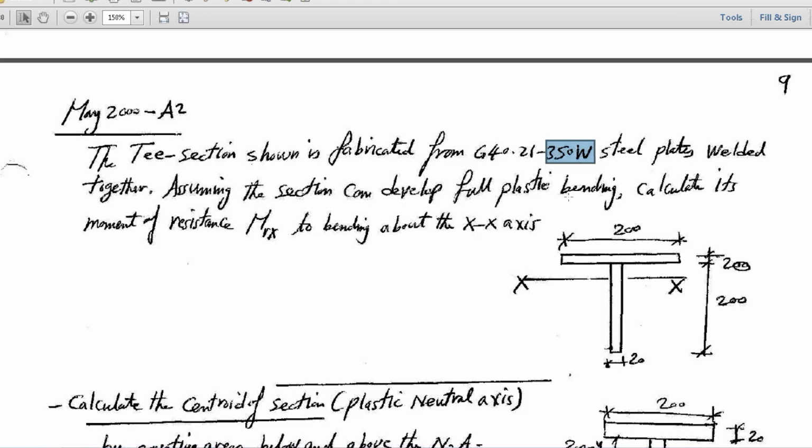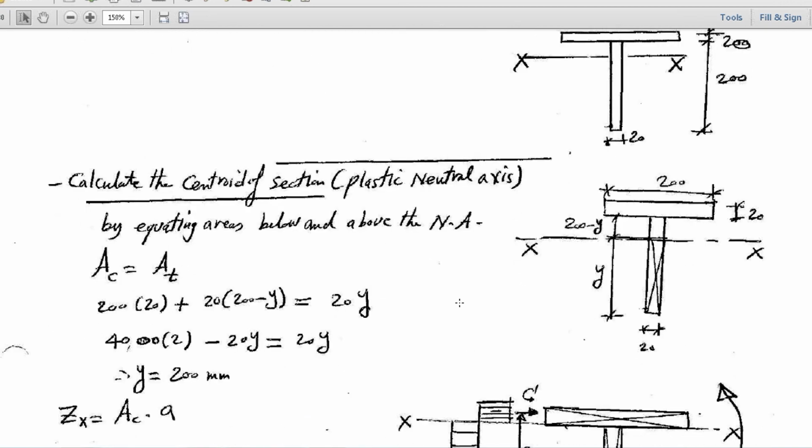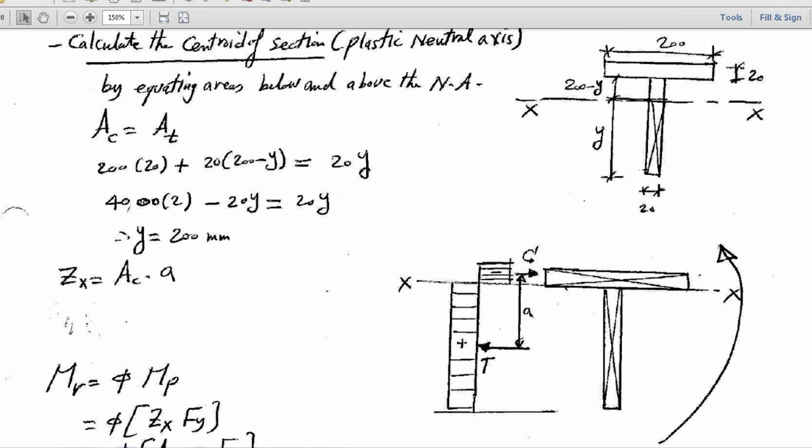Assume the section can develop full plastic bending. Can develop full plastic bending means that it's a class 2 section, so you don't need to determine the classification of the section. So basically the stress distribution should be rectangular in compression and tension with intensity Fy.